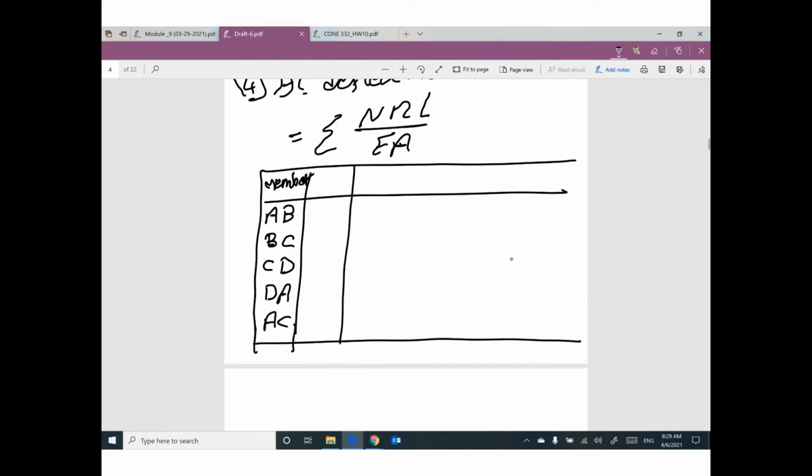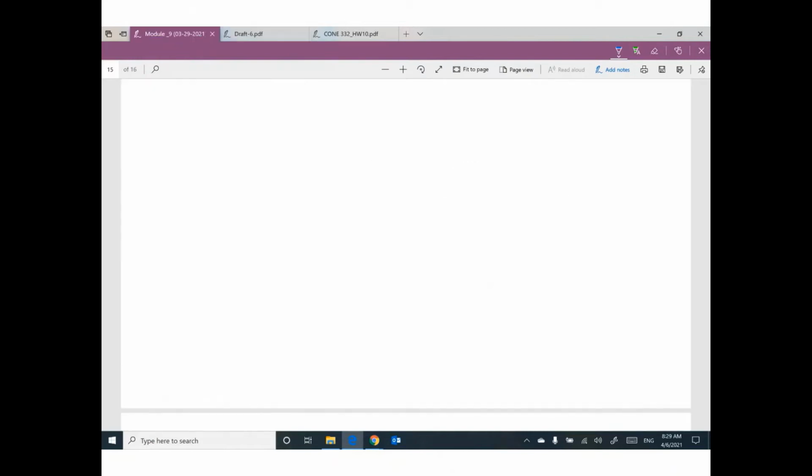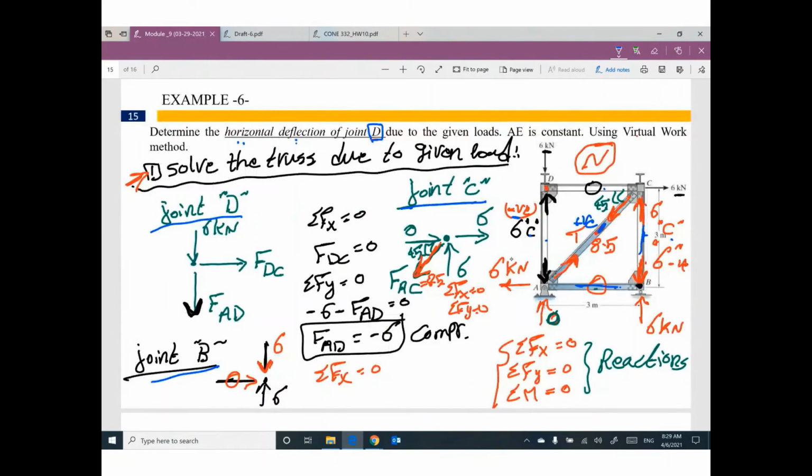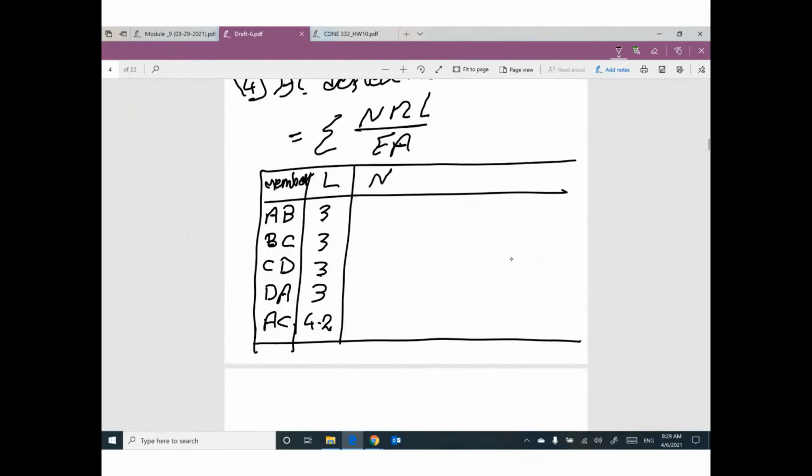What is the length of each member? 3 meter, 3 meter, 3 meter, 3 meter, but this one will be 4.2 meter. What is the capital N, the internal force in each member?